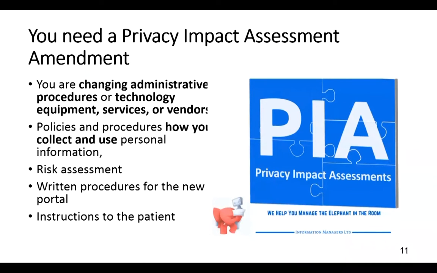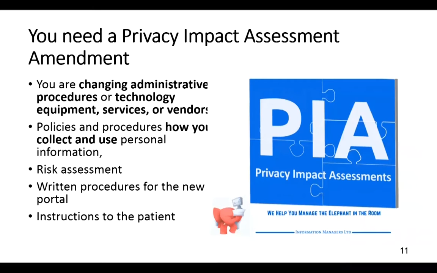Now, if you've already got a previous PIA in place, and this is a new technology, a new initiative, a new project that you want to implement, you probably need to do a privacy impact assessment amendment. So you are changing your administrative procedures, your technology, equipment, services, or vendors. Those are all triggers for doing an amendment.